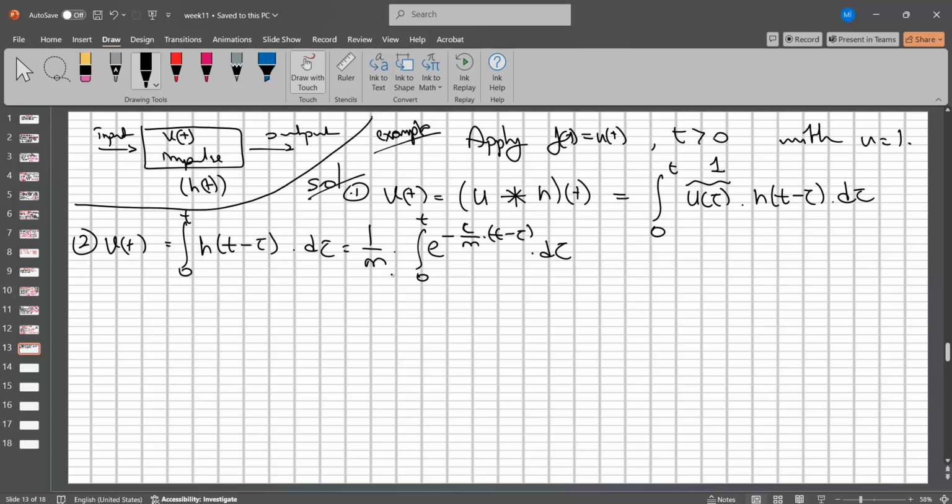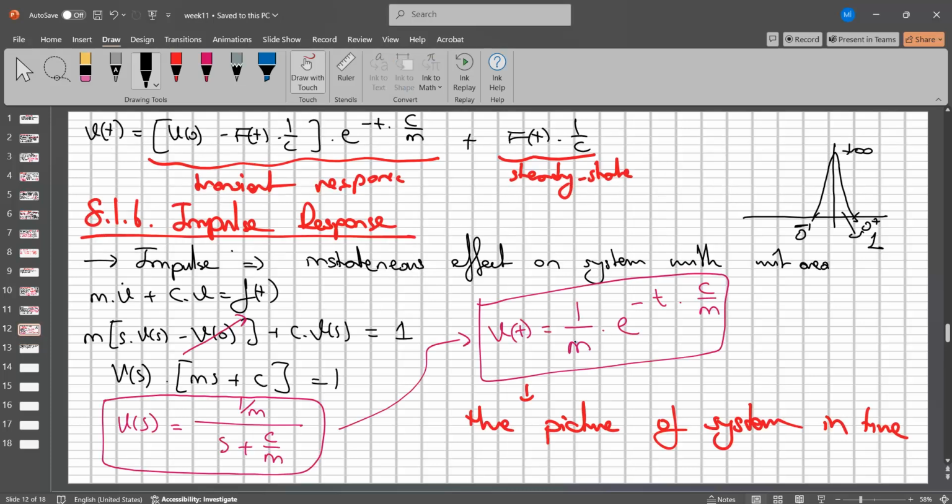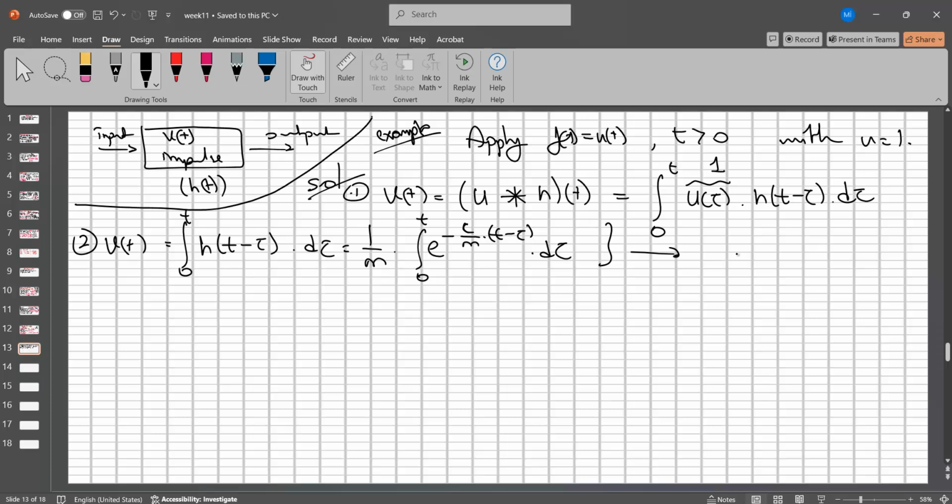Where is it coming from? Just see that 1 divided by m e to the minus c over m t. If we put this h value in here, we will reach that form.